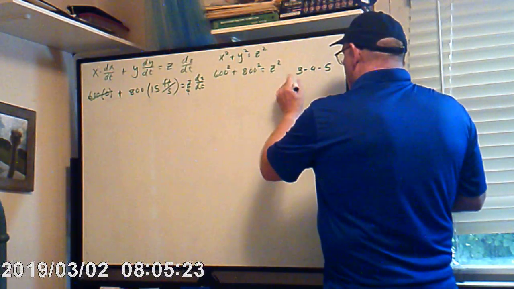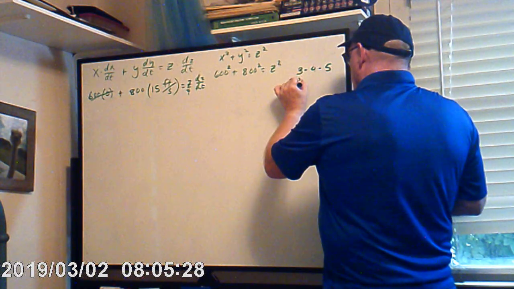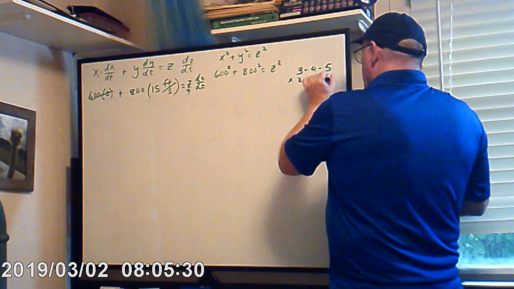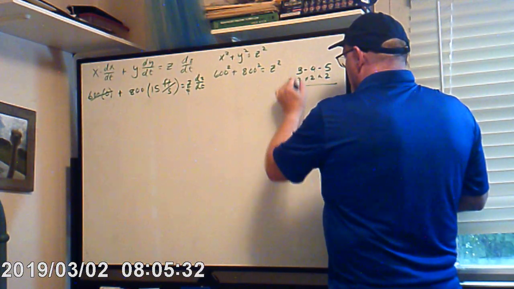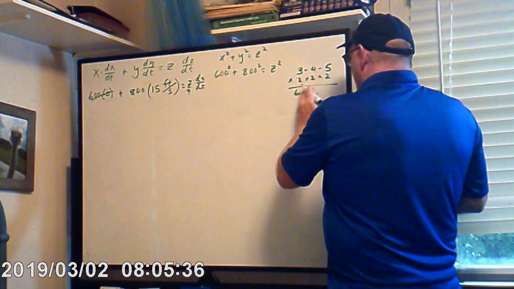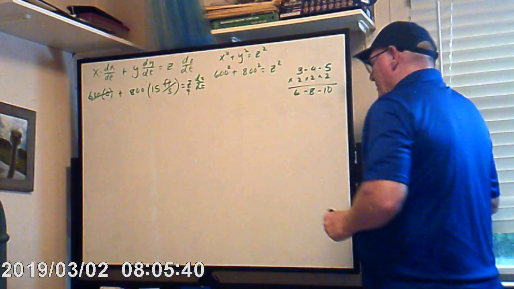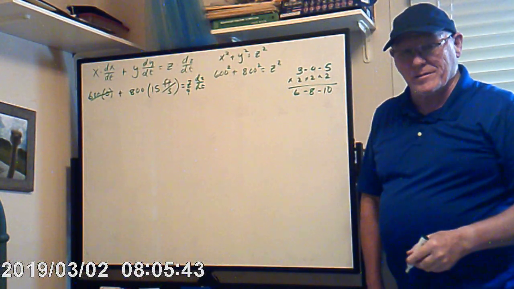Evidently, if I were to double that, times 2, we would have 6, 8, 10 triangle, wouldn't it? 6 squared plus 8 squared equals 10 squared.